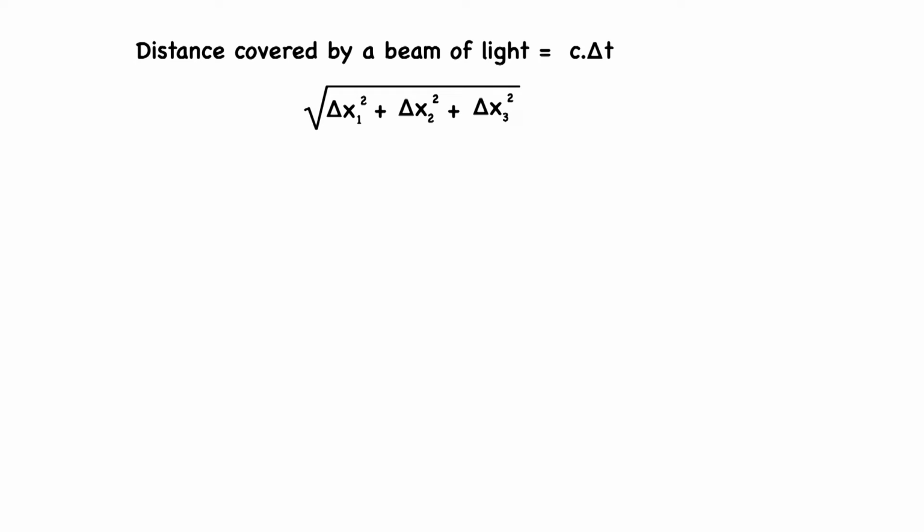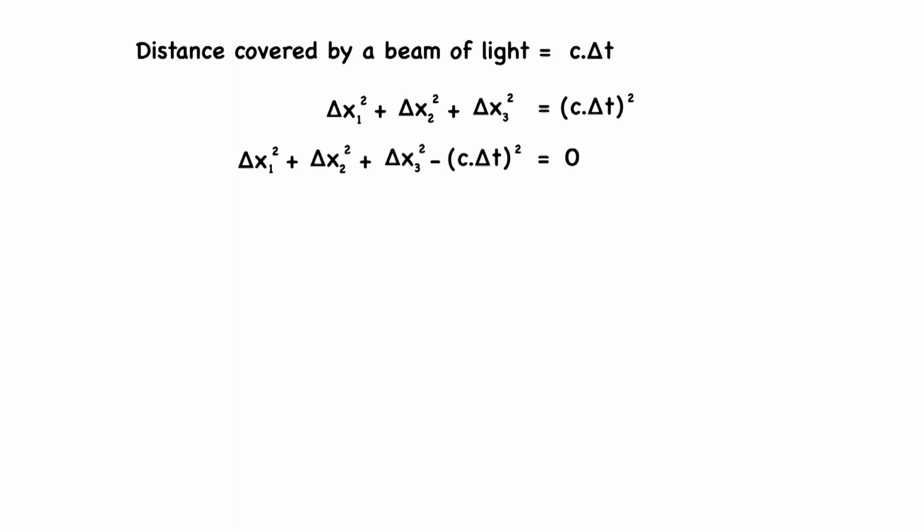Now, since these both arrive at the same distance, we can write that as this equation. Let's just get rid of that big square root sign by squaring both sides, like this. Now I can move the c delta t squared to the left by simply subtracting it from both sides, which would give us this.